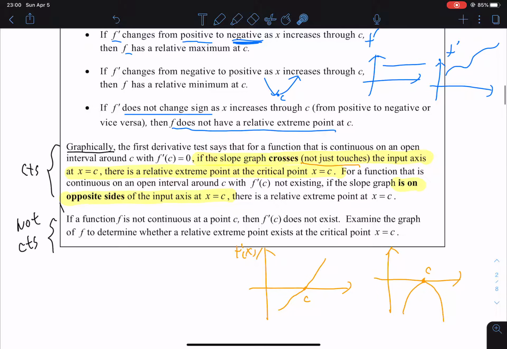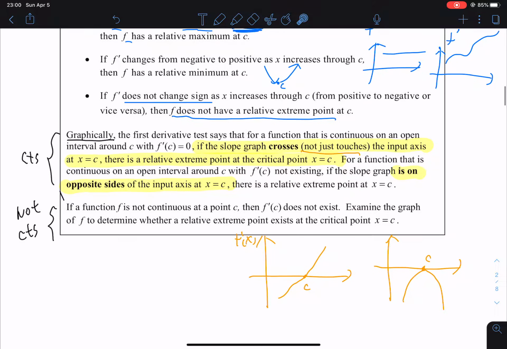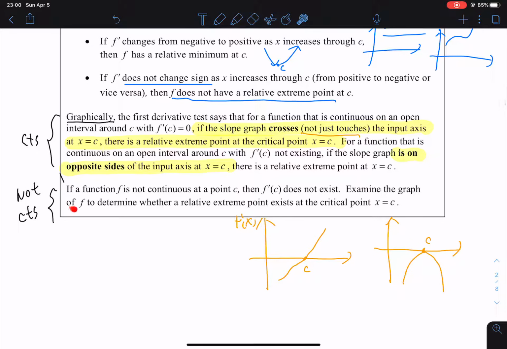And the second one, for a function that is continuous on an open interval around C, where the derivative does not exist: if the slope graph changes to the opposite side of the x-axis at that point C, then we can say we have a relative extreme point. And the last case is if the function is not continuous. If the function is not continuous, then of course that is one of the counterexamples where the derivative does not exist.